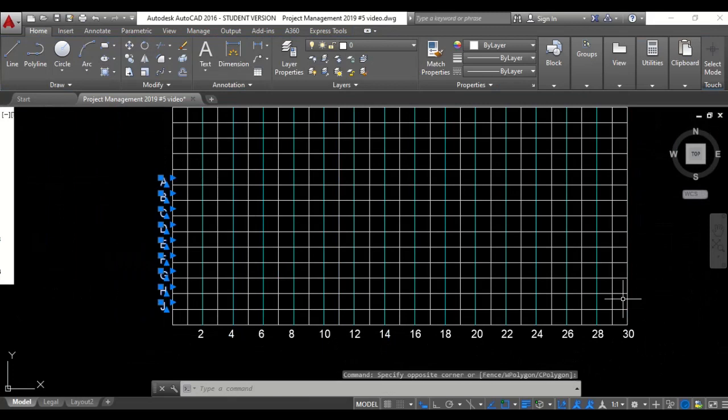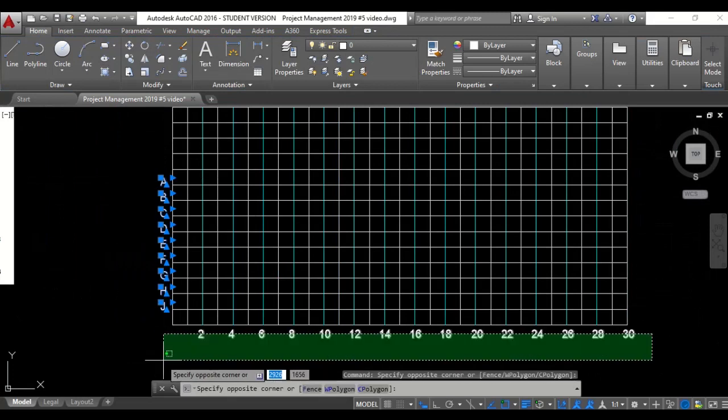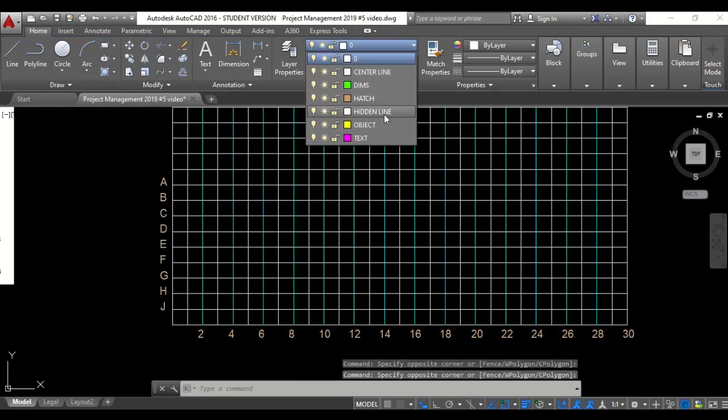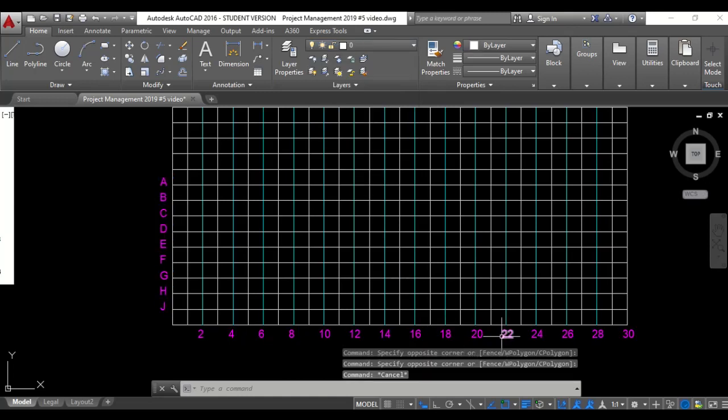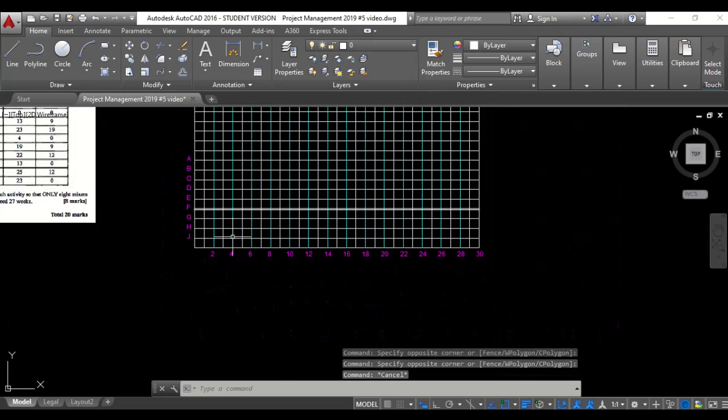So now I'm going to change the layer back to the text layer. Okay, next I'm going to be labeling the axes.